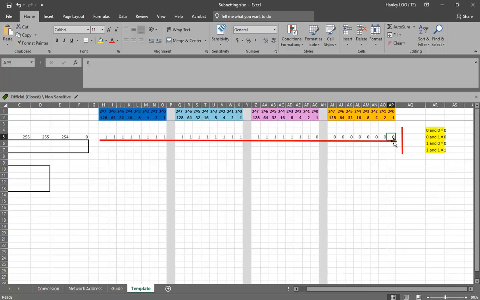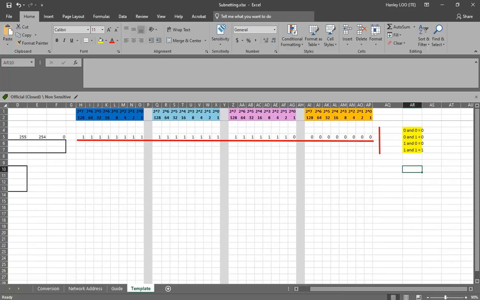So when we are doing variable length subnet mask, you need to determine the number of IP addresses required based on the number of 0s. Instead of going from left to right, we will be going from right to left, counting the 0s from right to left.